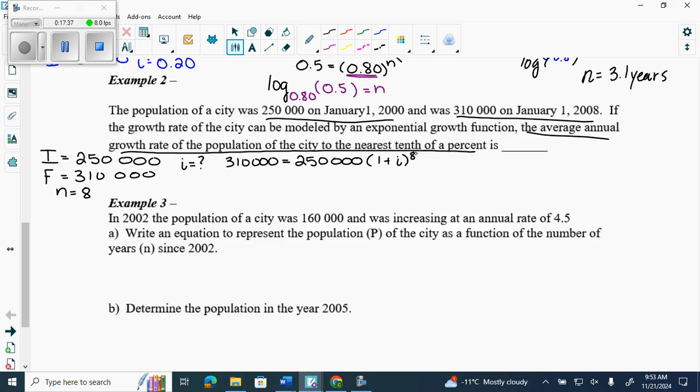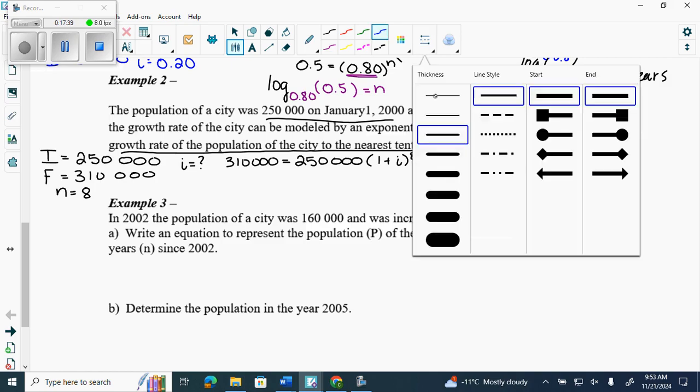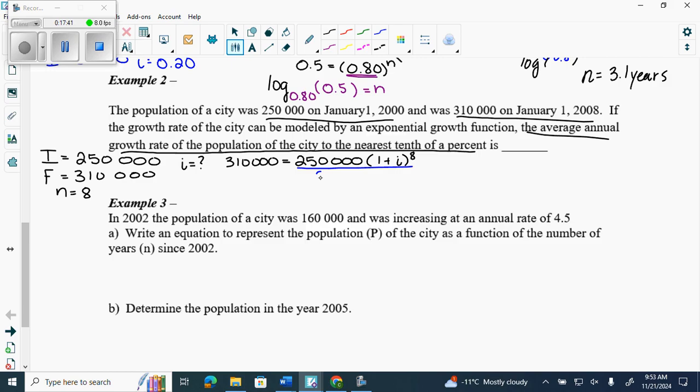Divide it. So we're going to divide by 250,000, and we get 31 over 25 equals 1 plus i to the 8th.